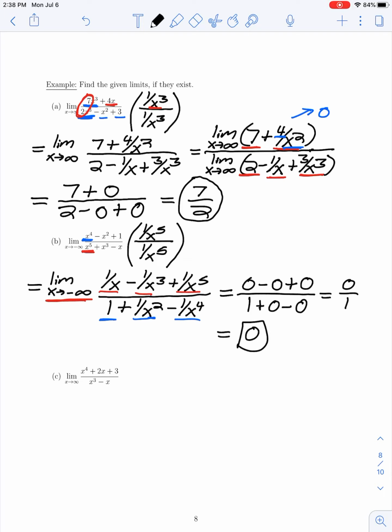So in this example, we can point out a general concept. In the case that we're looking at an infinite limit of a rational function, that is, a quotient of two polynomials, if the highest power in the denominator is greater than the highest power in the numerator, then this ratio will be getting smaller and smaller.